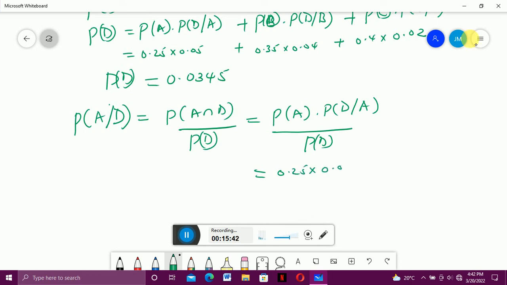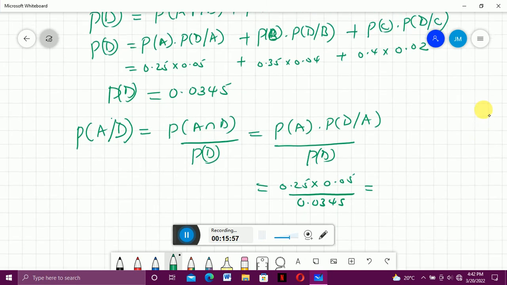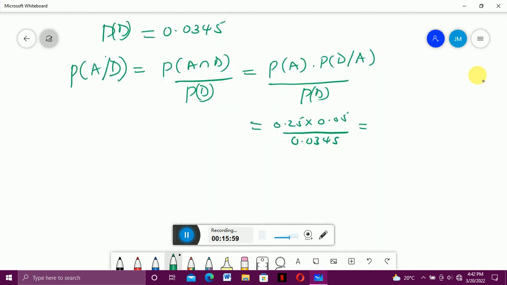The probability that it's defective when it's from A is 0.05. The total probability is 0.0345. Worked out to 3 decimal places, you get 0.362.